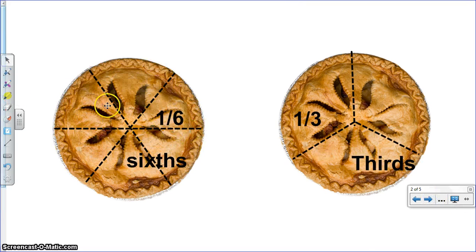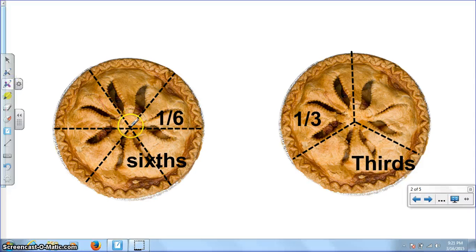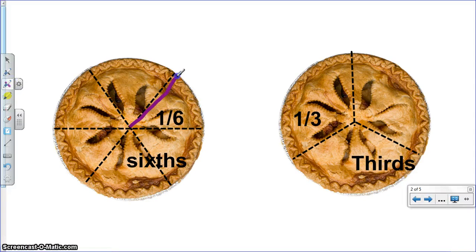Here we have, now this one may not look quite as simple and easy to compare, but we have pies cut in 6. So let's say I wanted to eat 2/6 of this pie, like this.